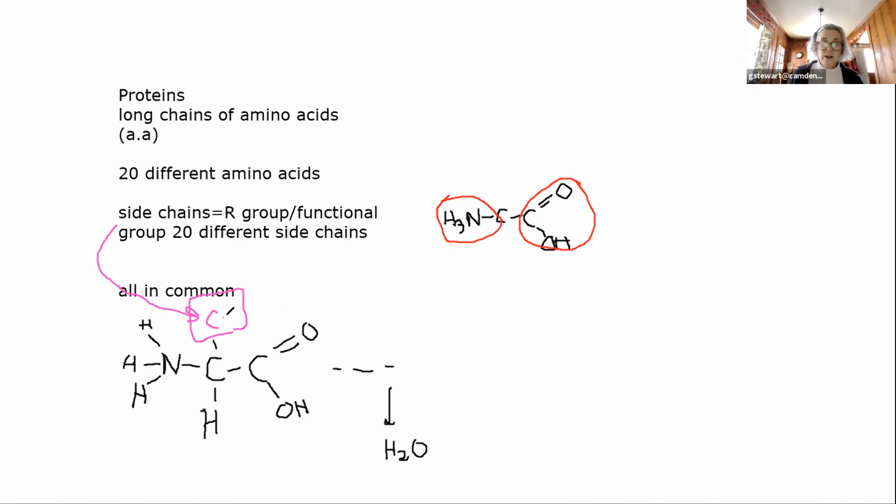But if I were drawing all the bonds, I would draw all three of the hydrogens attached to that carbon. Like that. So carbon's sharing 4 electrons, and this is the functional group. This is what makes this particular amino acid alanine.